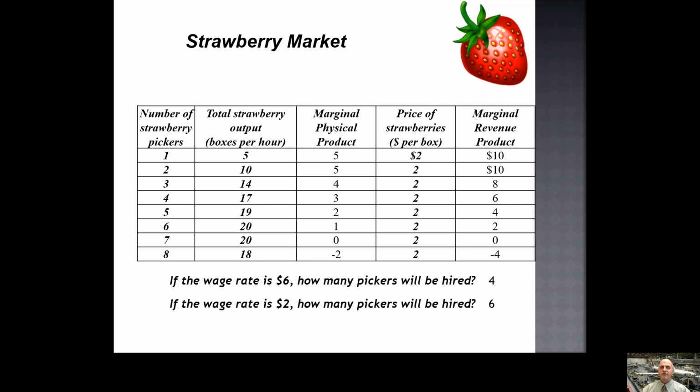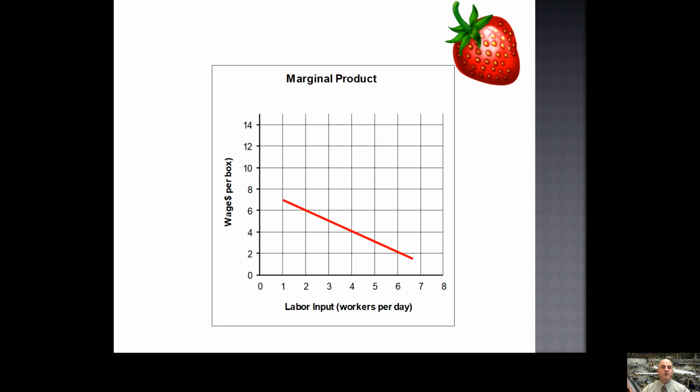What if the wage rate were to fall to $2? How many workers would be hired? They'd hire 6 workers. So again, you see it's a demand curve. You have a downward sloping demand curve, just like before. It's just a little different concept by throwing in the idea of marginal revenue product.